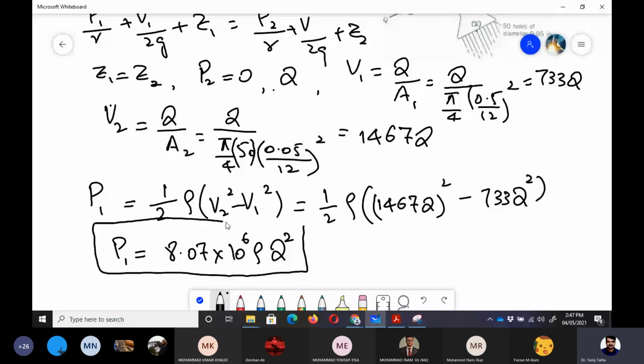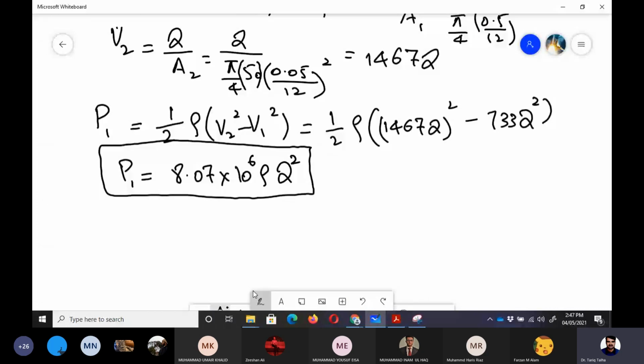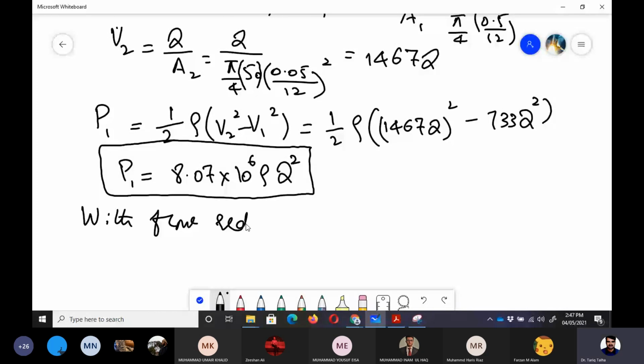Now the second case is with flow reducer. With flow reducer, there are two things which need to be mentioned.